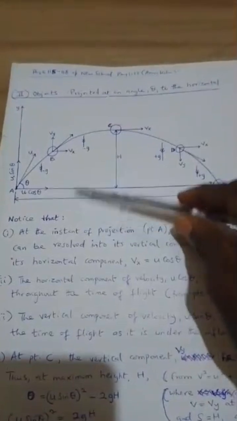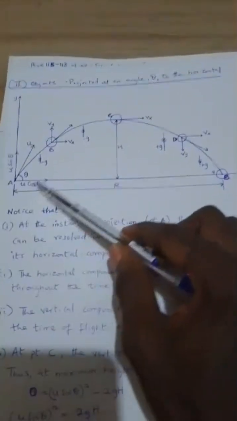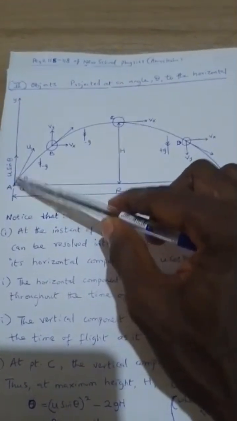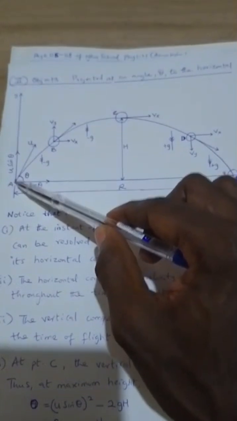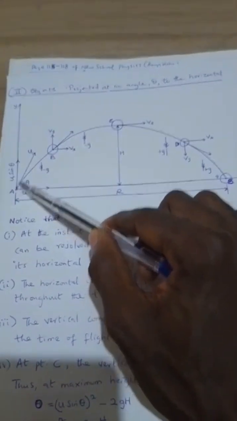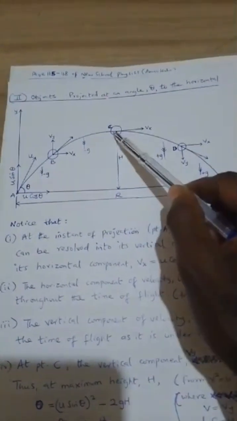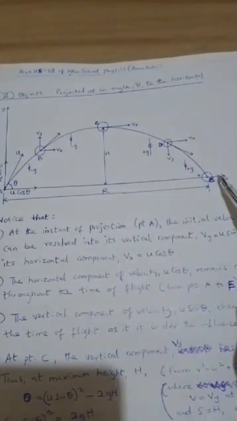So to buttress the last point, calculating time of flight. We just calculated the time for the object to go from the point of projection to the maximum height, which is t. Then to go from this maximum height down to the original level is another t.